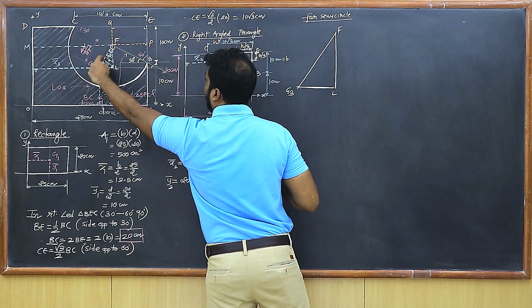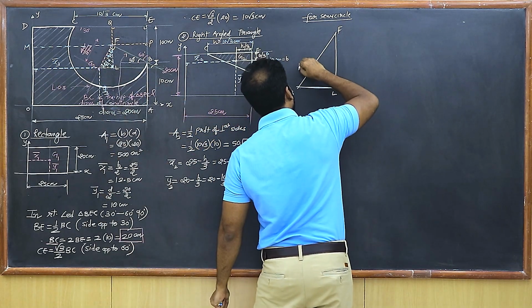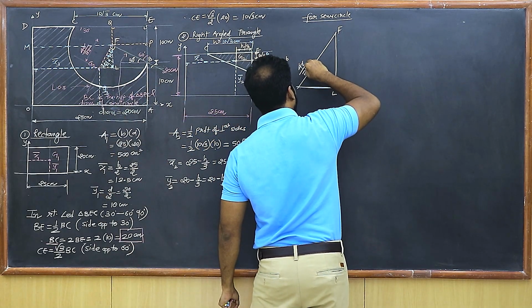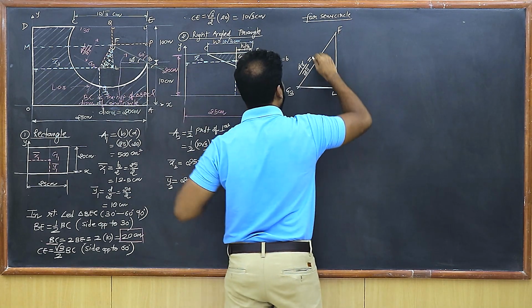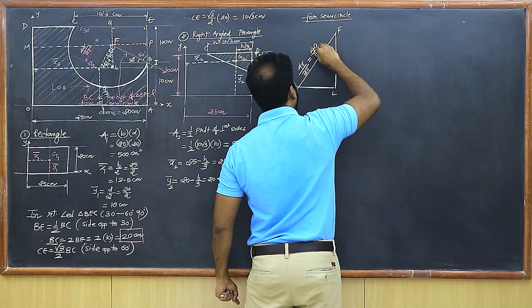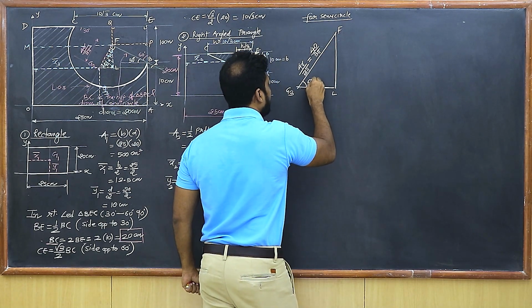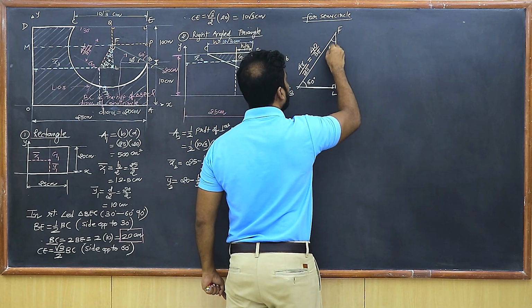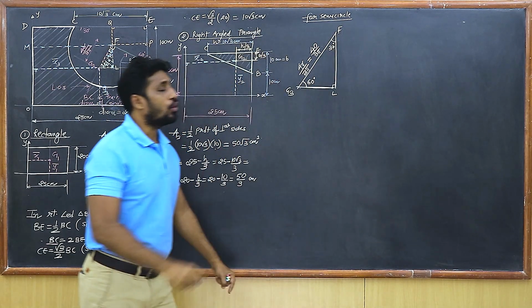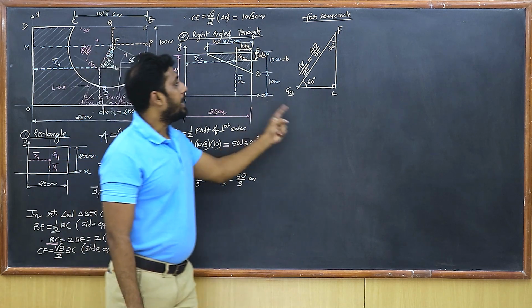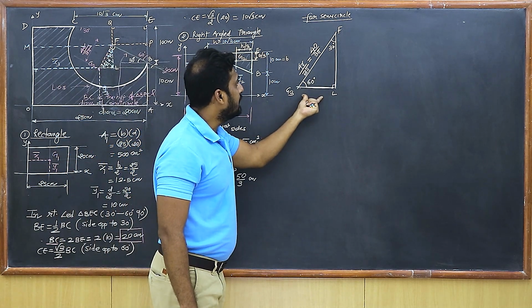Students, FG3, if you recall, is 4r upon 3 pi. You know that the radius is 10, so it becomes 40 upon 3 pi. This bigger angle is 60 degrees. This is 90 degrees. This is 30 degrees. So I can make use of the 30, 60, 90 concept, and I'm going to get the values of LG3 and FL.